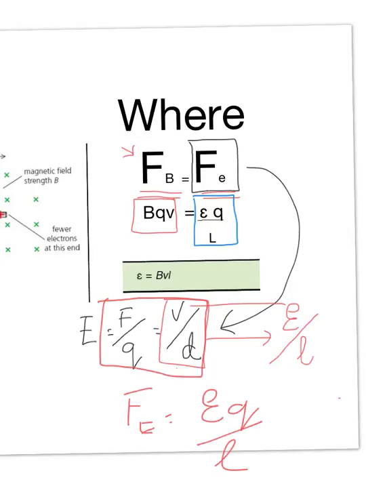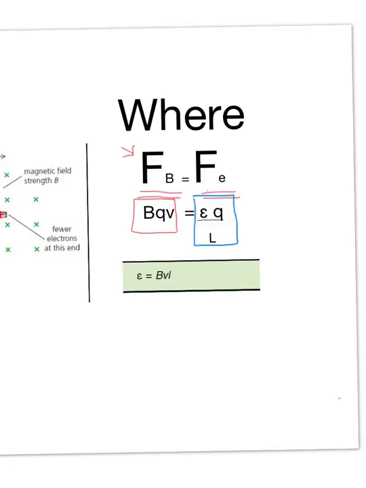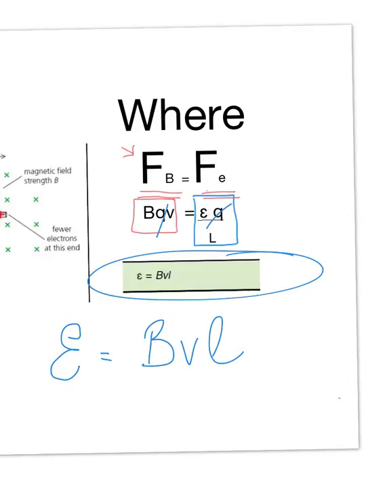Now if we rearrange that, we end up with a simplification. Let's have a look. We have Q on both sides, so we can get rid of Q. And if we write this in terms of the EMF produced, we end up with BVL.